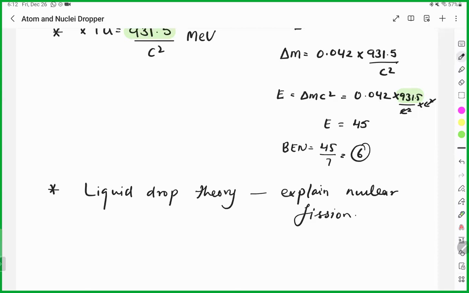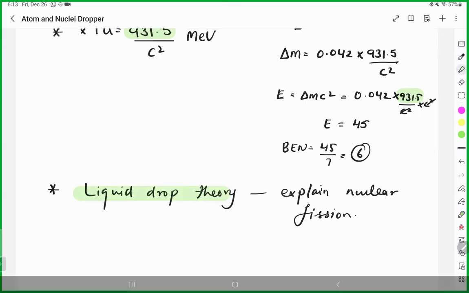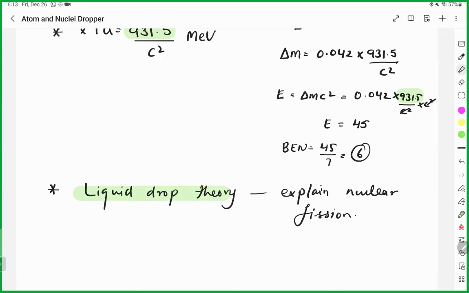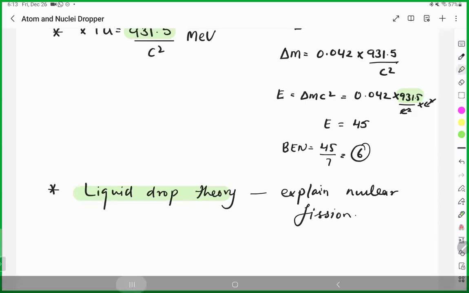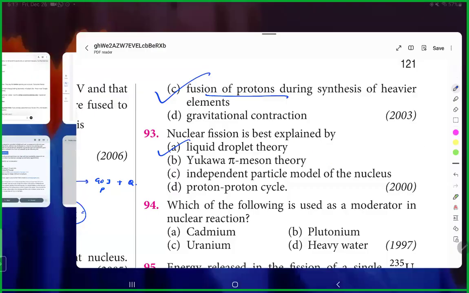Raghu, remember this. We use it to see how stability and binding energy are related, because the nucleus is like a water drop. It's incompressible, has very high surface tension, strong nucleus, all this stuff.